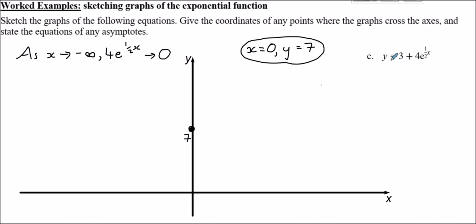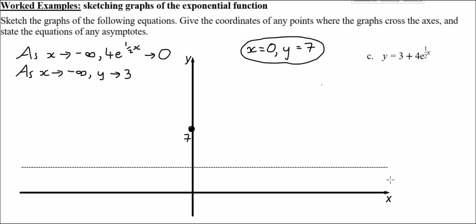And so y is going to go closer and closer to 3. So in other words, as x gets smaller and smaller and smaller, the function of x, y, is going to approach 3. So there's going to be, again, a horizontal asymptote, this time where y is 3.